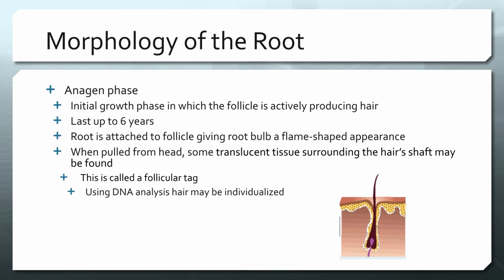It can last up to 6 years. The root is attached to the follicle, giving the root bulb a flame-shaped appearance. And when pulled from the head, some translucent tissue surrounding the hair shaft may be found. This is called a follicular tag. This is what is used for DNA analysis and may be able to individualize the hair.